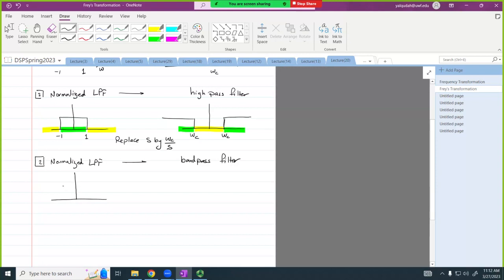Now this is less intuitive, and therefore I will give you the formula. I want to take that filter and convert it to a filter that might look something like this. I have W lower, W upper, and this is the bandwidth.